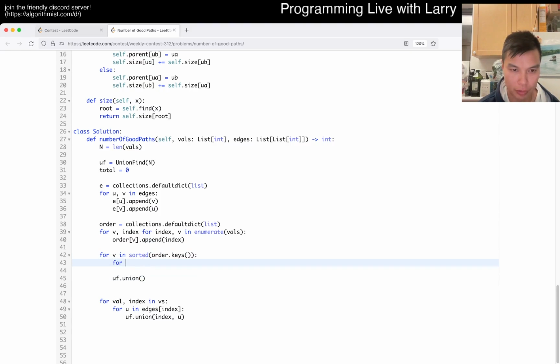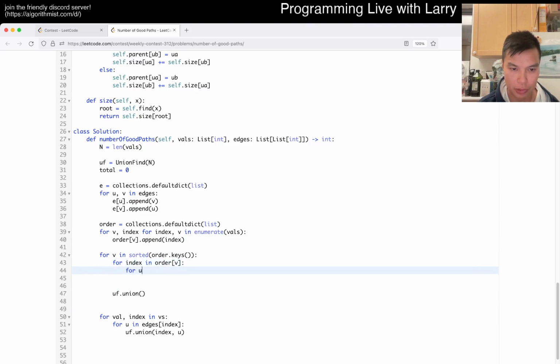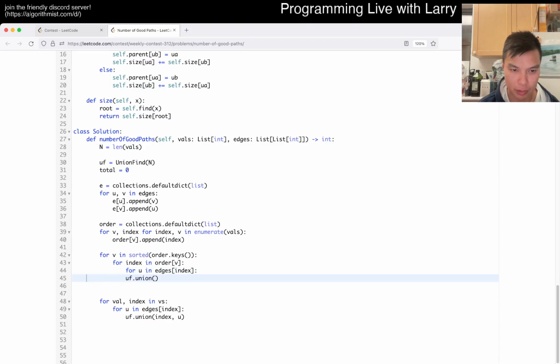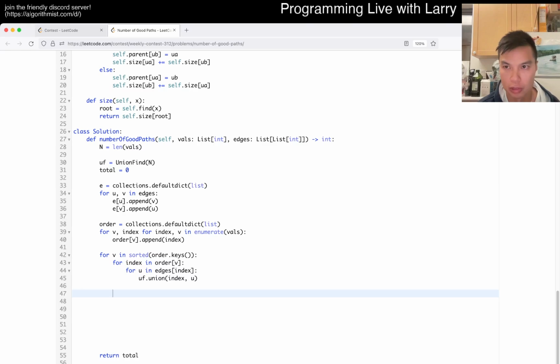Okay, for index in order of re, so that's just a value. Then now for u in edges of index, we want to do this union find. Okay. Right. And now we just do the count, right?